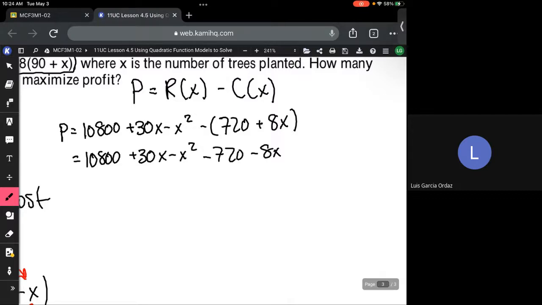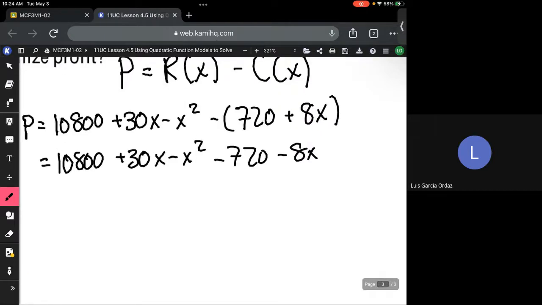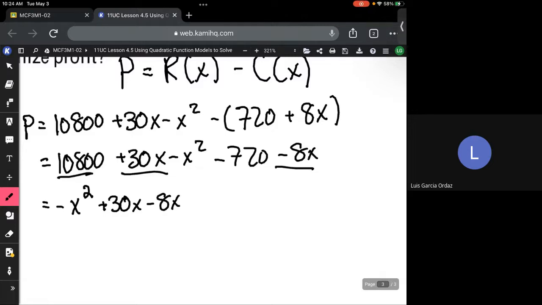So now we have to collect my like terms. What are my like terms here? Ashton, what's one of them? 30x and negative 8x. Okay. And then I have 10,800 minus 720.